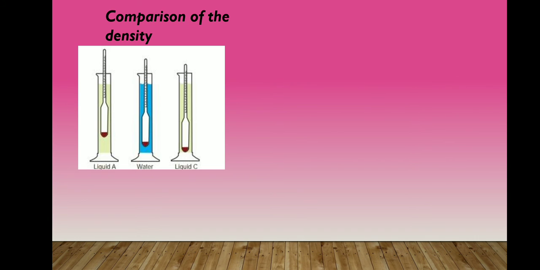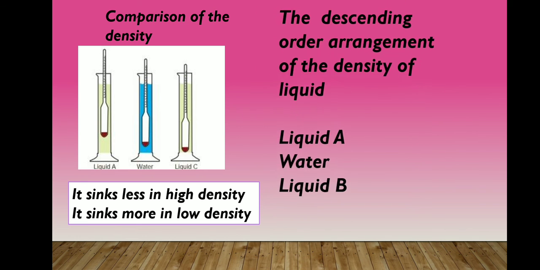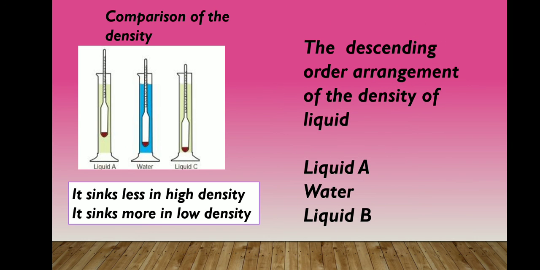So how can you compare which has more density and which has less? Here you have to remember: it sinks less in high density, it sinks more in low density. So you can arrange them in ascending order. A has more density, B has less density.